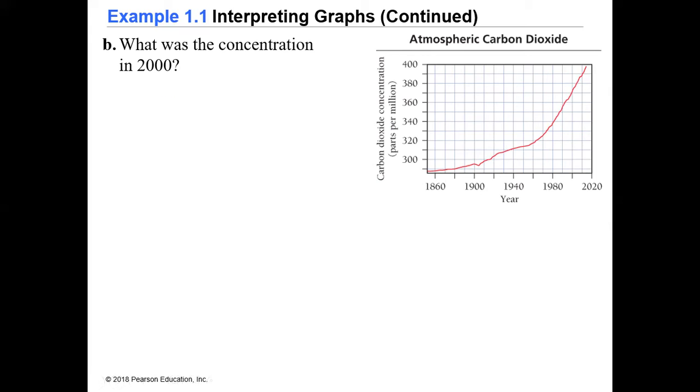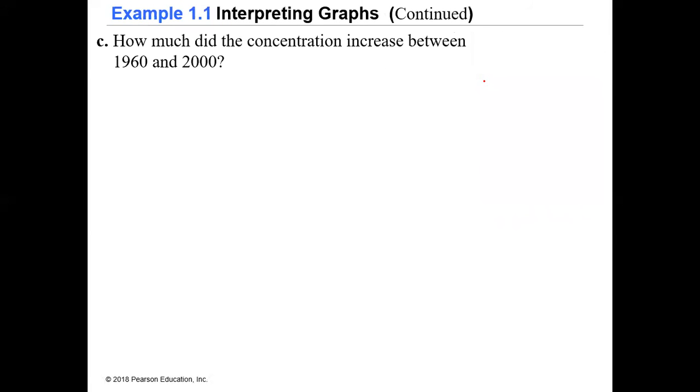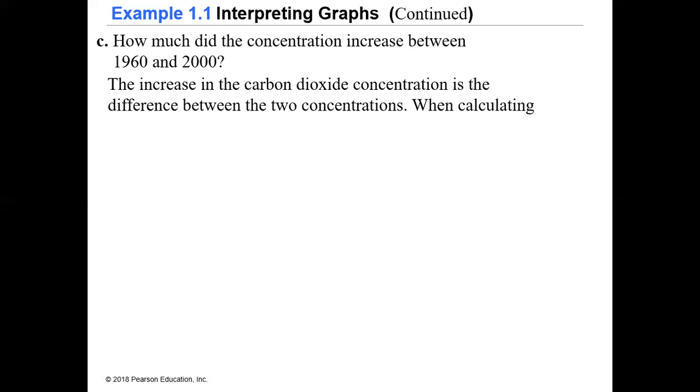First, locate where the year 2000 is. So here's 1980, here's 2020, and in the middle will be 2000. You go up, intersect here, and go to the left, so that will be 370. All right, now you know the concentration in 1960 and the concentration of CO2 in 2000, and then you see how much it increases, which means you want to find the difference.